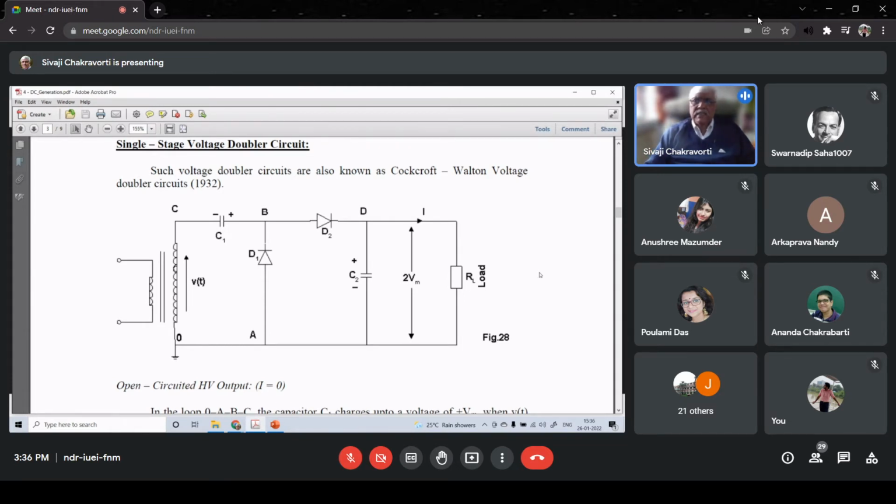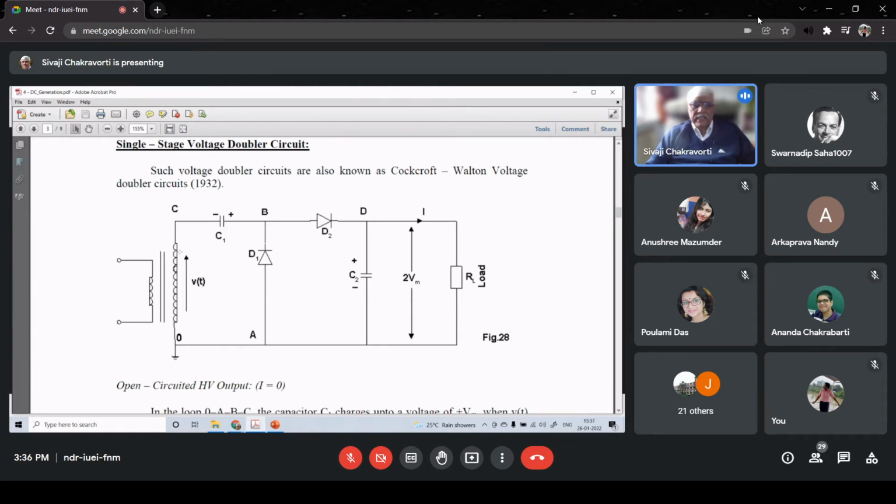But the moment I say that, the discharge of C2 starts playing a role, because please remember that the terminal D gets charged up to 2Vm when the secondary of the transformer has Vm in addition to the potential across C1 as Vm.